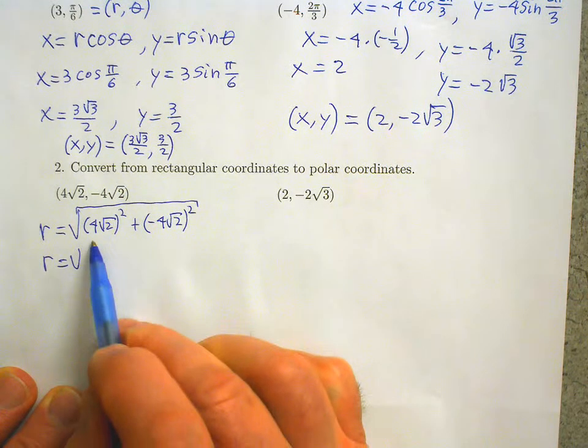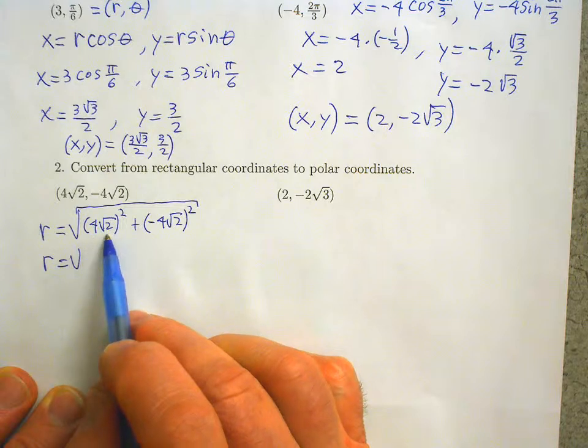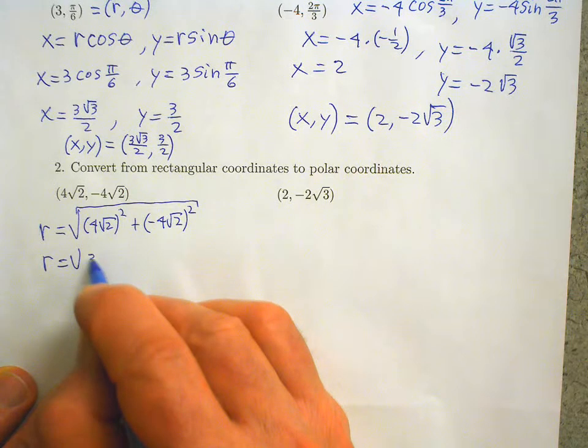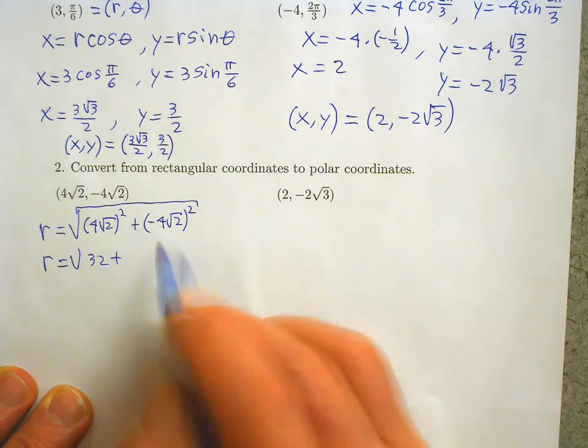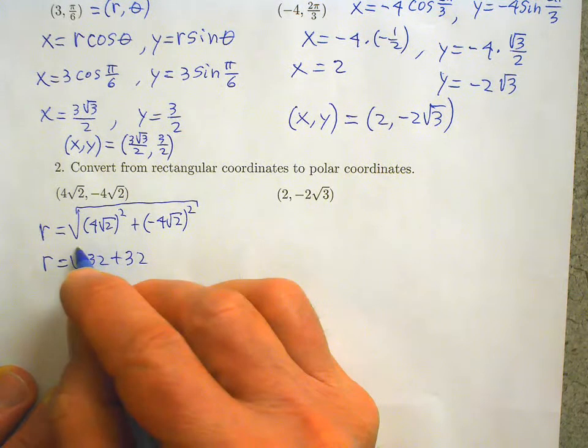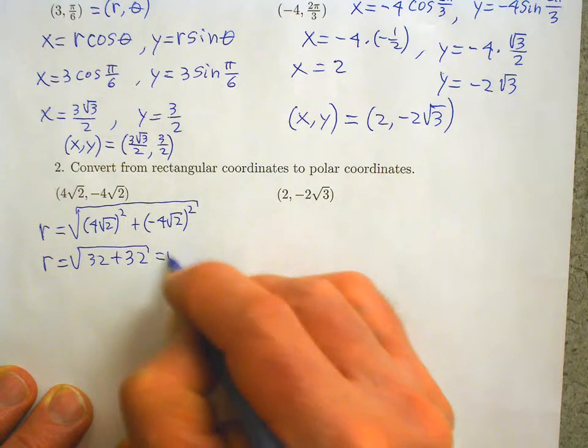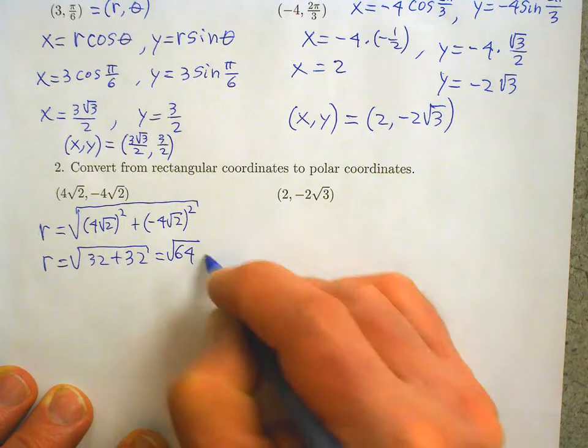So 4 squared is 16, and the square root of 2 squared is 2. And 16 times 2 is 32. And here we get the same number, so we get the square root of 32 plus 32, which is the square root of 64, which is 8.